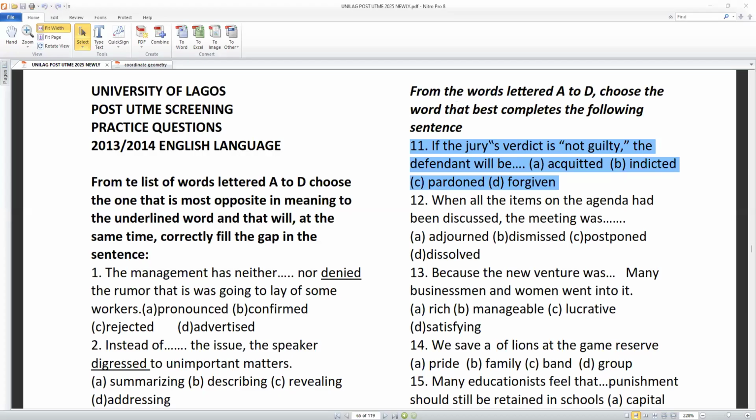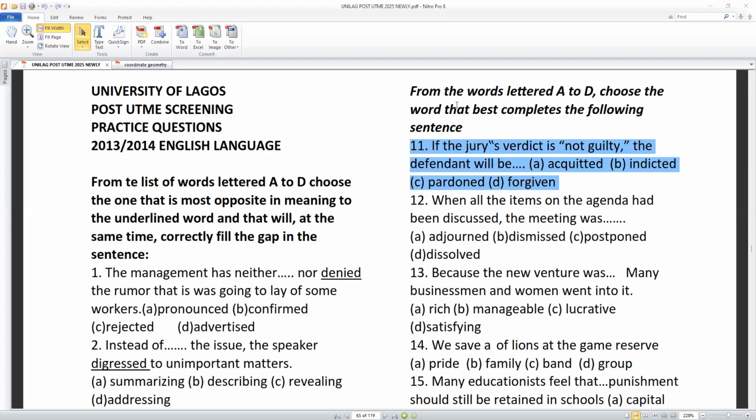So what would be the best word that can serve as interpretation? Okay, yes, you can complete it. So what would be the right option there? A. Acquitted.